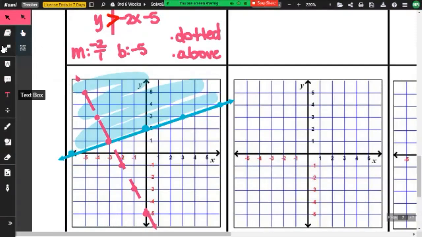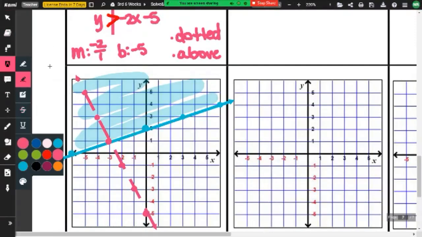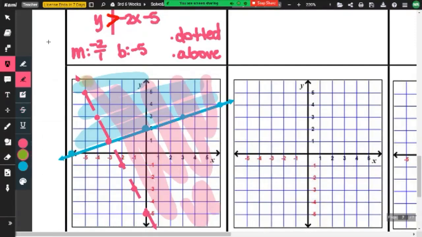And you want to shade above this line. And you see that the shading overlaps right here.